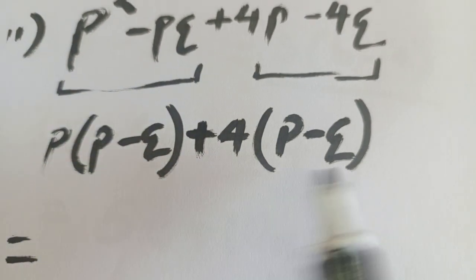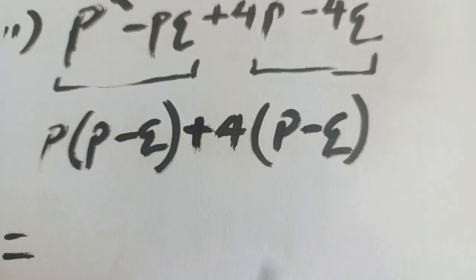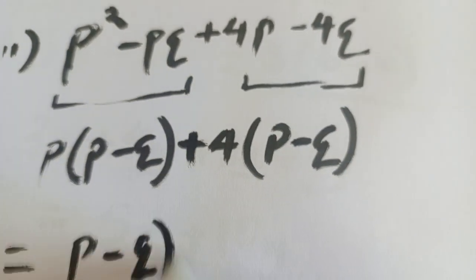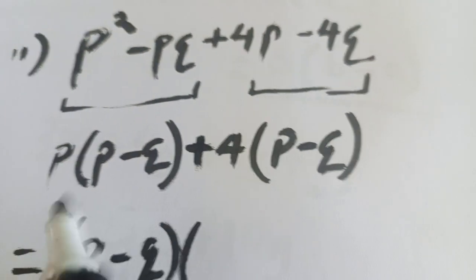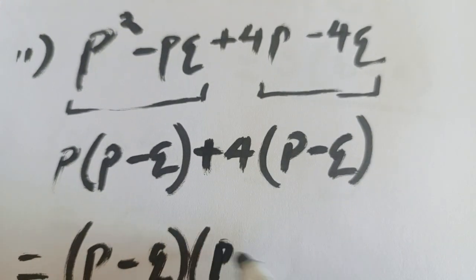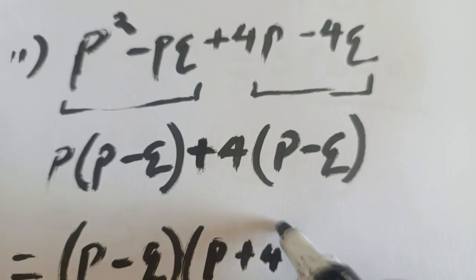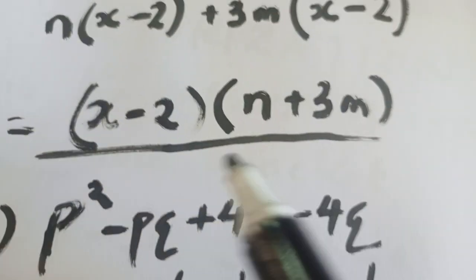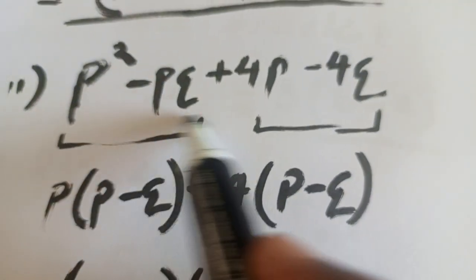So this is a common bracket, p minus q. So you take it, the common one. And then the other bracket will have what you have out there. In this case, p plus 4. So this is the factorized form of our algebraic expression.